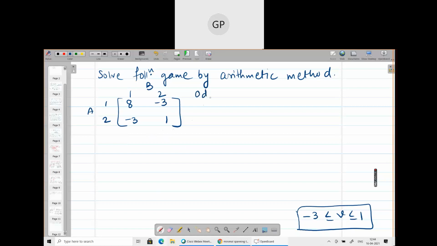Yes, what are the oddments? 8 minus -3 will be 11. And 1 minus... minus second row, 4.